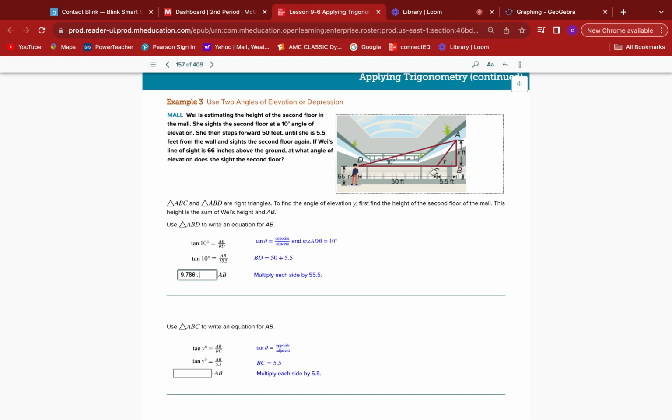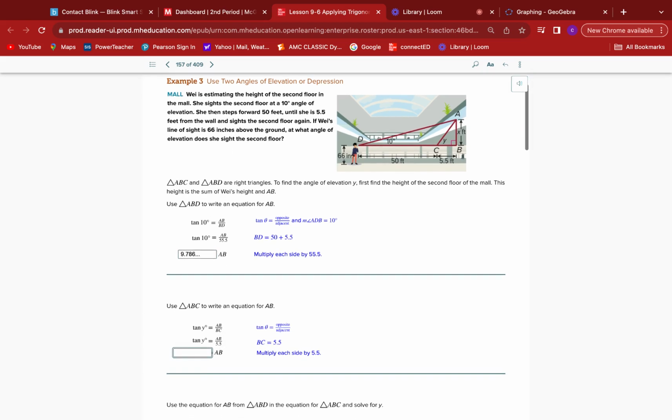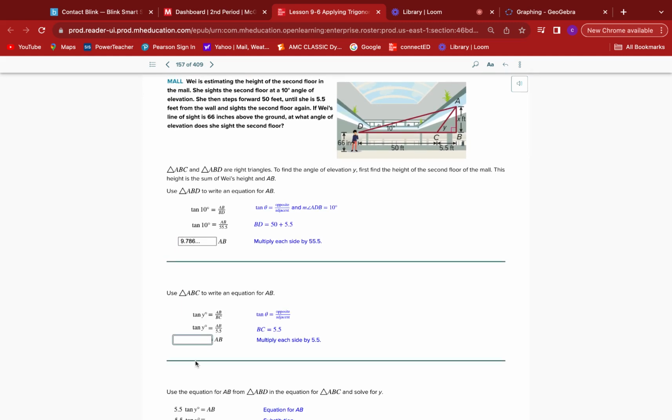And I have my adjacent, 5.5. And I'm going to be using inverse because I'm looking for the angle. So it's going to be tangent of Y. And for AB, we should put in the 9.786 on top and divide by the 5.5. I'm not sure why they didn't do that, but okay, we're going to go with it.